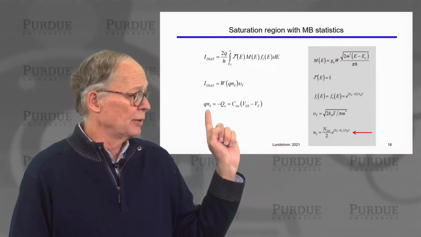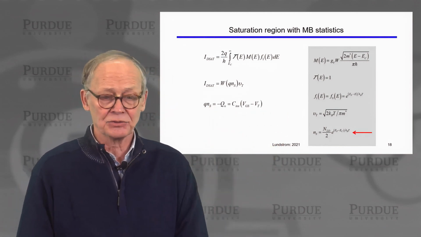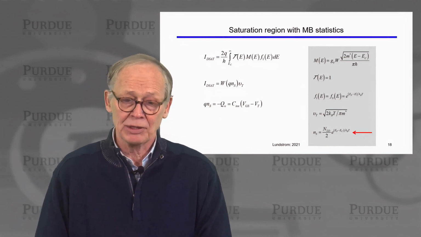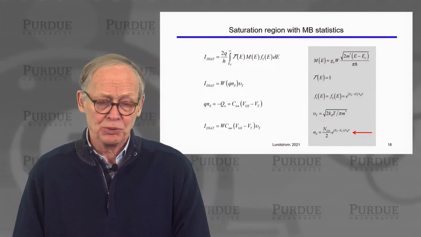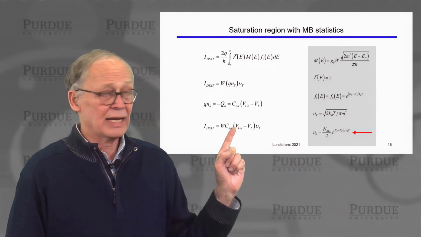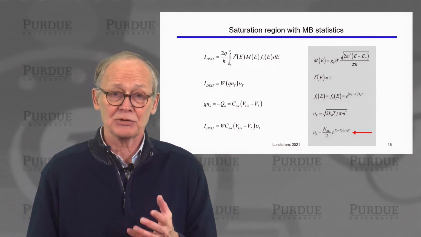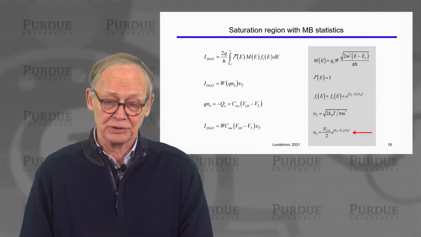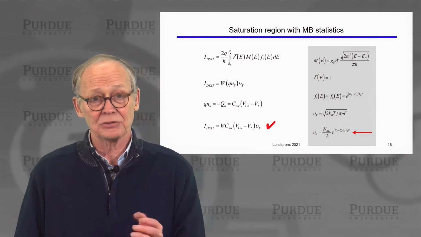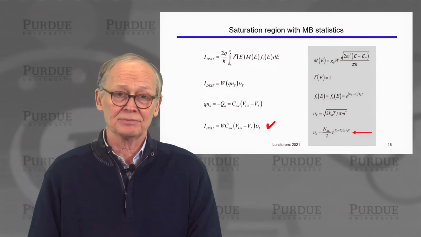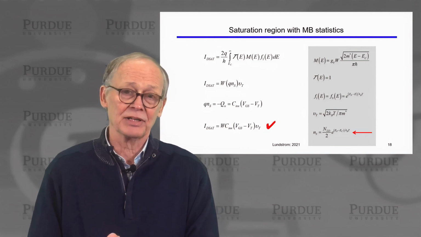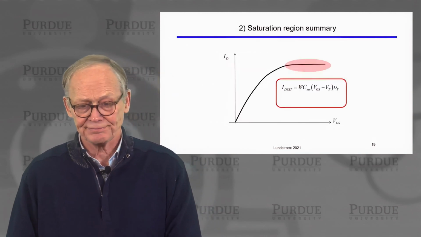We know that Q times the electron density at the virtual source is just given by MOS electrostatics. So putting this all together, we have our expression for the saturated drain current in this ballistic MOSFET. That's what we set out to do, and that's what the calculation from this integration gives us.